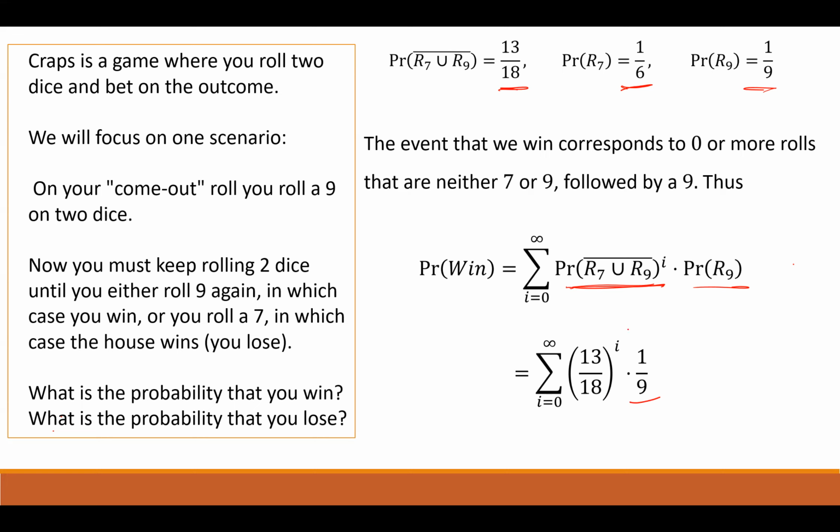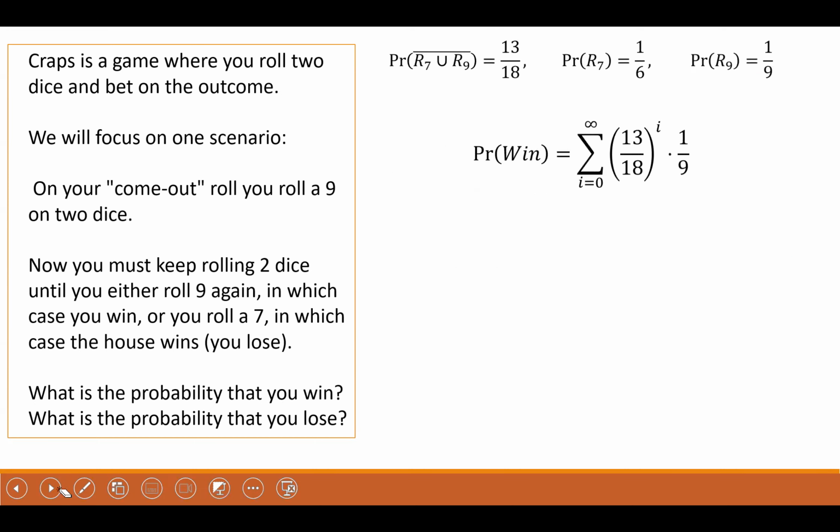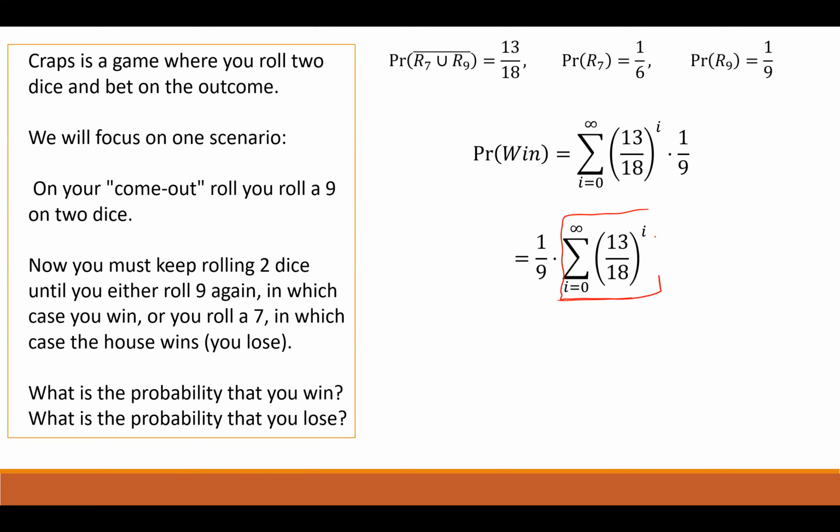Okay, and we've seen expressions similar to this before. This is already in a nice form. I have the sum from i equals 0 to infinity of something raised to the power i, and I have a constant that I can simply bring out of my summation, and then I can convert this to a closed form using my 1 over 1 minus x, which I don't have written out here, but I should. Right?